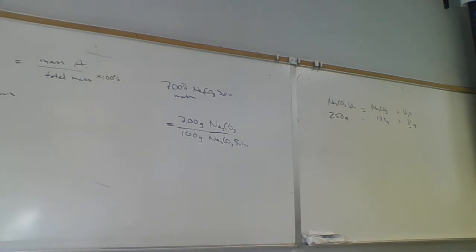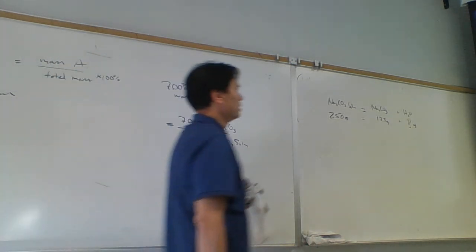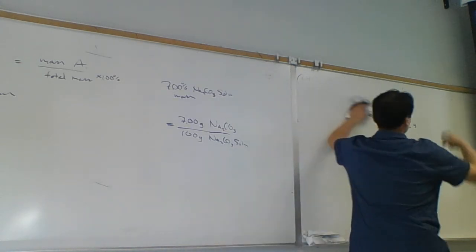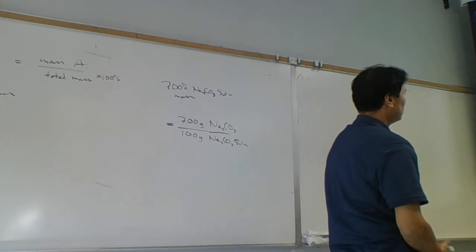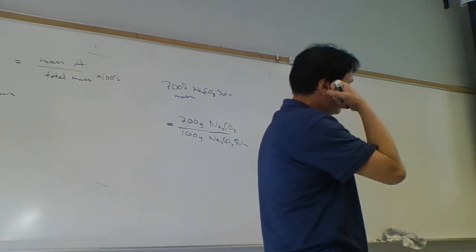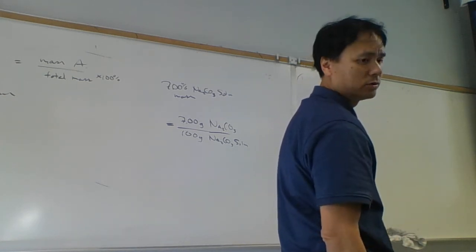ppm is common, ppb is common. Those are all different ways of expressing the composition of liquid solutions. The most common, though, is this one, molarity. We already dealt with molarity a little bit in the titration file, but molarity is defined as the moles of solute per liter of solution.